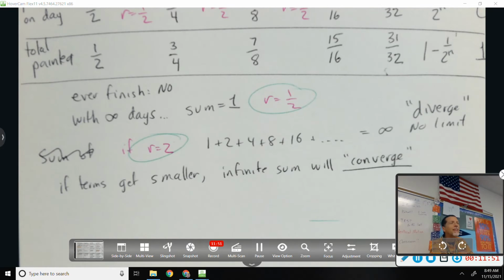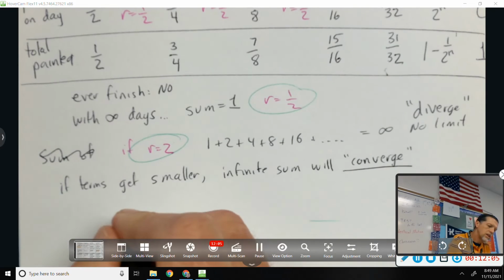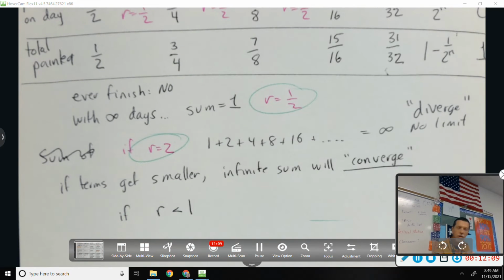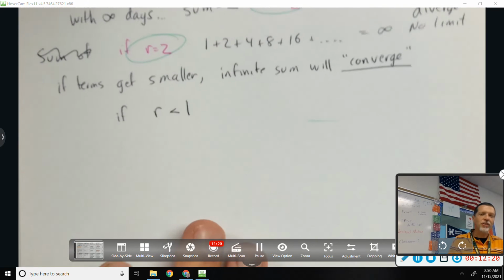So we're really close to sneaking up on this formula, or at least part of the formula. If the terms get smaller, what does r have to be? Less than 1. If r is less than 1, then we can use this formula. That's an important part, because you can use the formula and get the wrong answer.